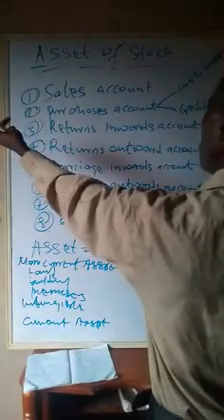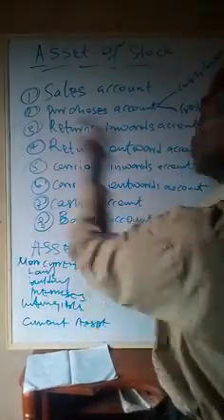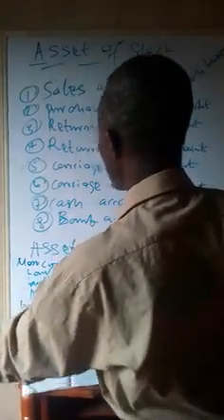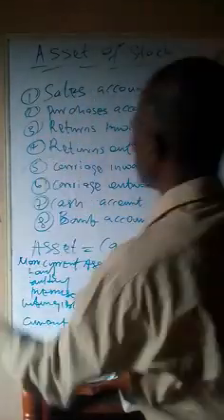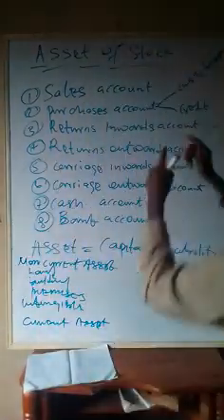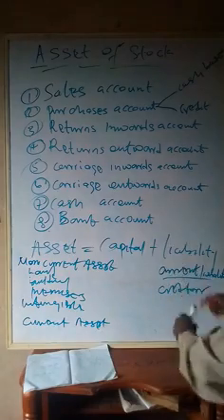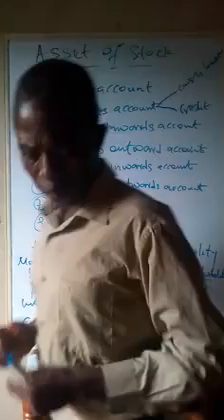They are receivables, or you call it inventory, or call it stock. Receivables, call it debtors. Then cash, bank, that's another current asset. Then you find the remaining one under current liability, and that is creditor.